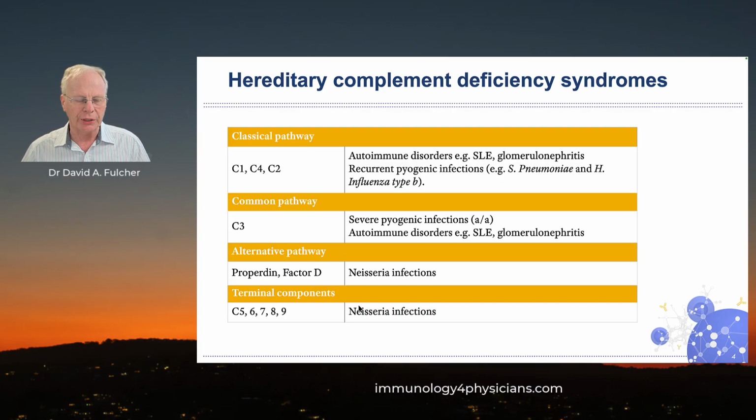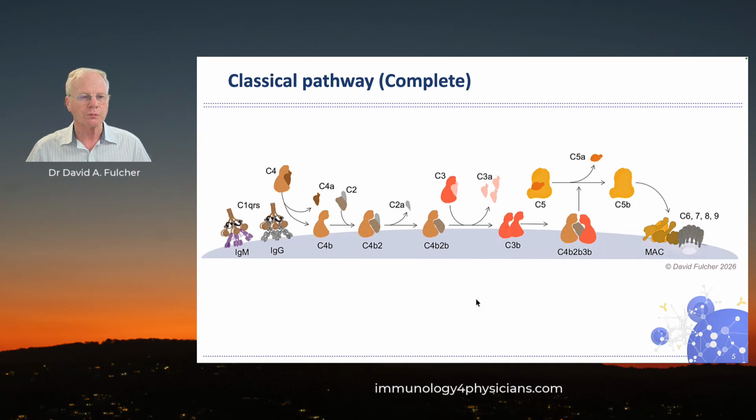Interestingly, and I make this point a fair bit, you're lacking this very significant part of the complement cascade, yet the only non-redundant infection that you suffer from here is Neisseria. So that's sort of interesting about how many layers the immune system has to compensate when something is deficient, but not enough to protect from Neisseria.